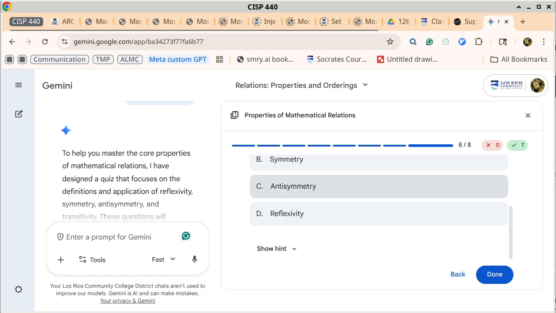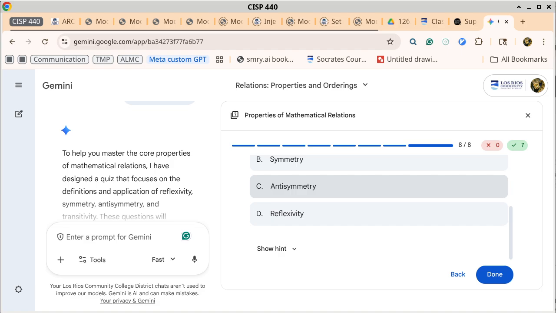Say A is a sibling of B, and because it's symmetric, B is a sibling of A, and that implies A and B are the same. That is not going to work out, because A and B are actually two different people. So anti-symmetry is not going to work out as "is a sibling of."